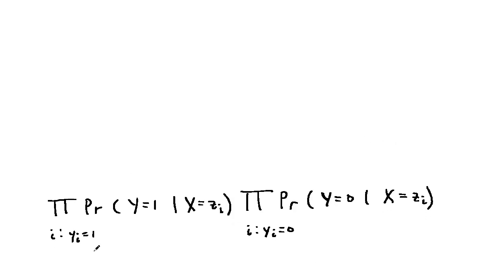That is the product of the probability that y equals 1 given that x equals zi, for all of those i where yi equals 1, times the product of the probabilities that y equals 0 given that x equals zi over all of those i such that yi equals 0.